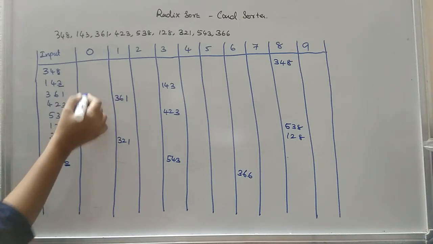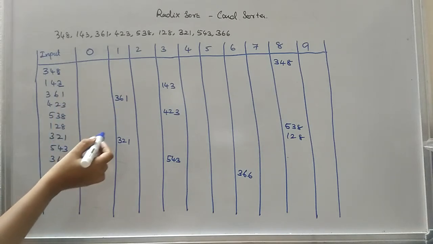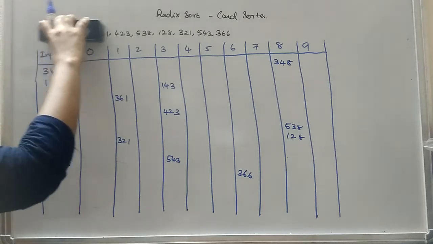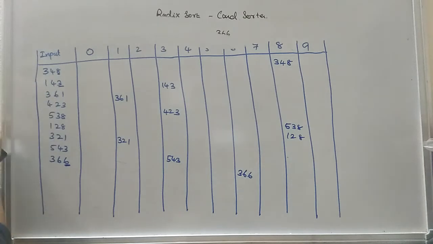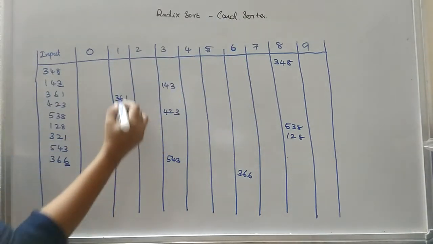So now what we have to do is write the numbers from 0 to 9. In the 0th pouch we don't have any numbers, but in the first we have 3 numbers. We are just going to write those numbers in this order.